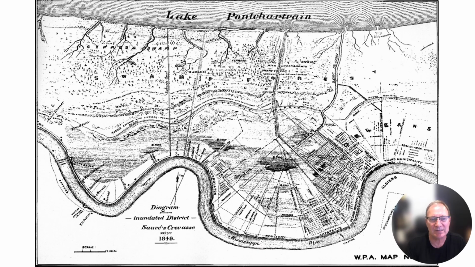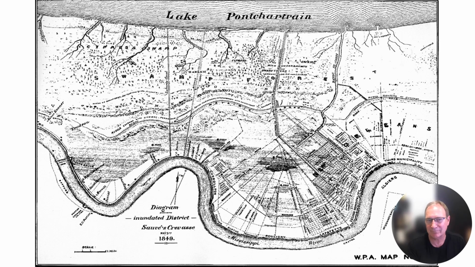So this is an image of the greater New Orleans area that we would consider today. This was a survey crew in 1849. If you look at the area that was developed down close to the river and the area that is identified as swamp, you see a substantial amount of the areas identified as swamp or swamp forest.